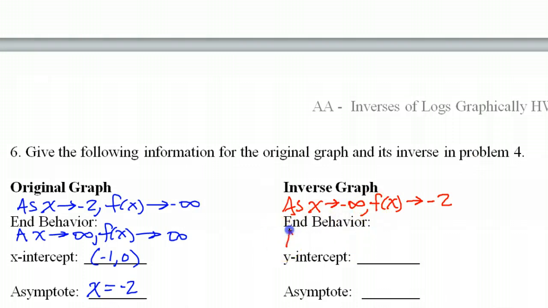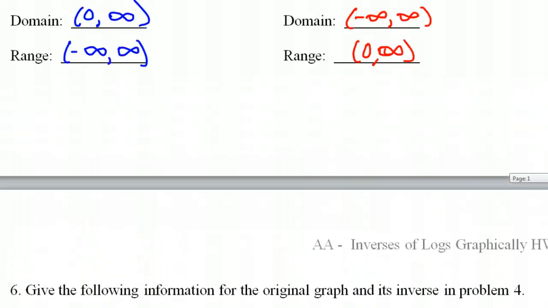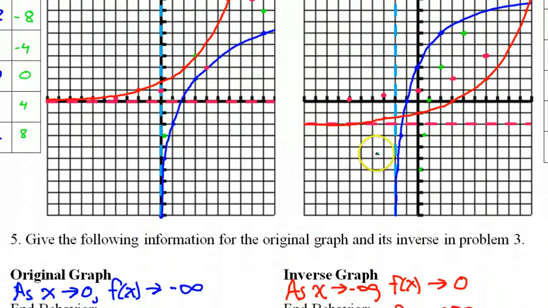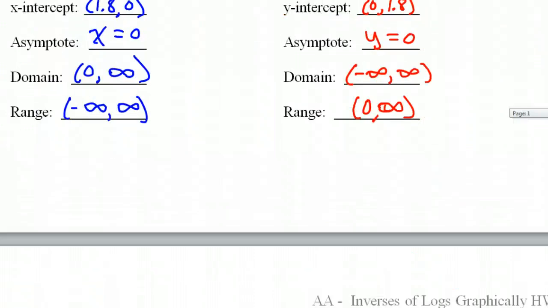Now as we go to the right, and we know it goes to the right forever, as x approaches positive infinity, f of x approaches. So we talked about going to the right, so this part is the up or down part. How far does it go up or down? As we go to the right, this graph goes up forever.